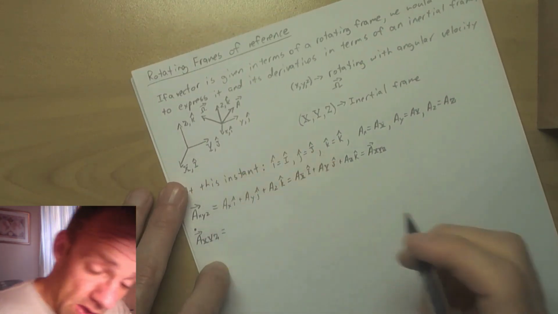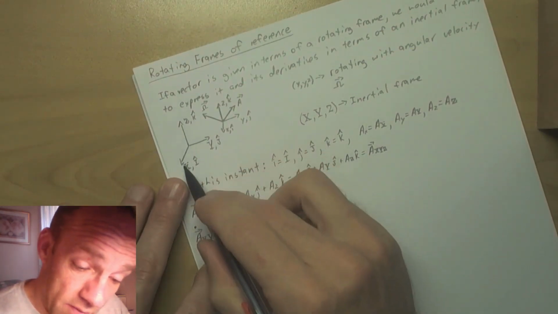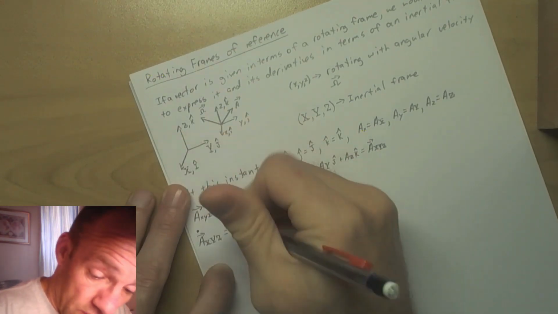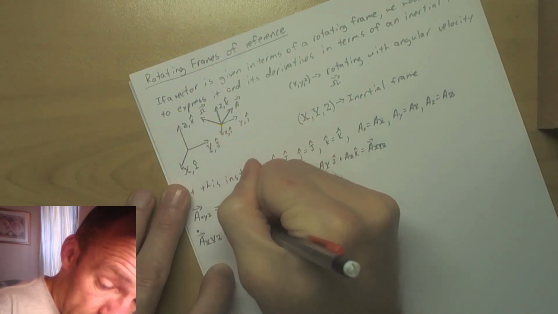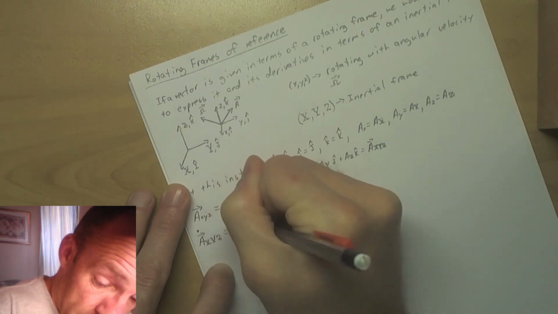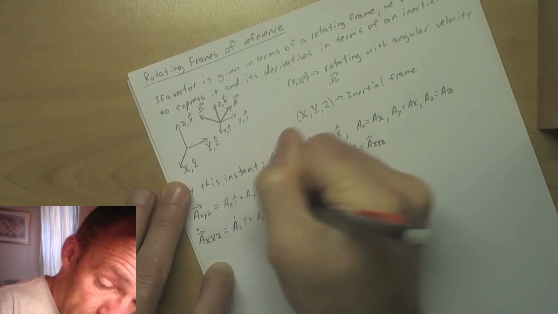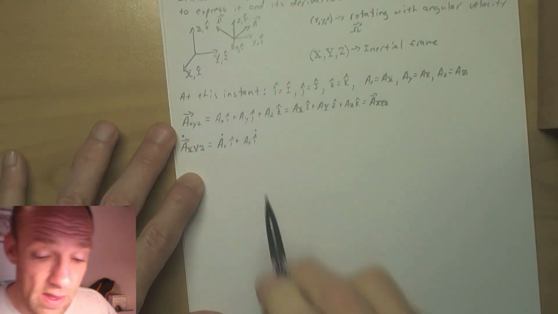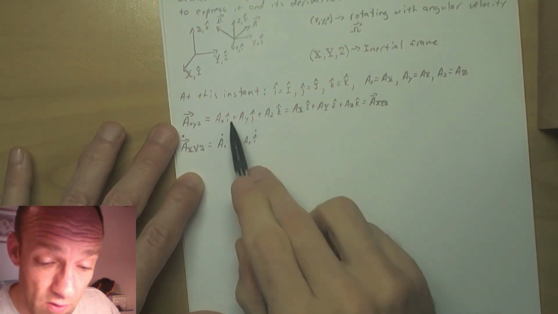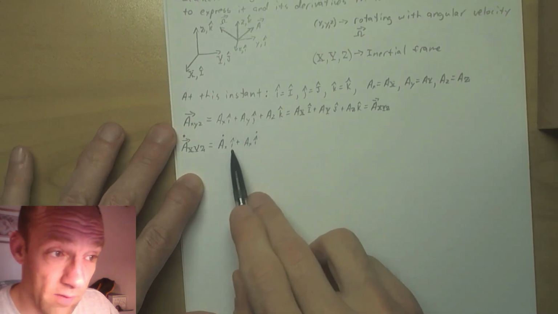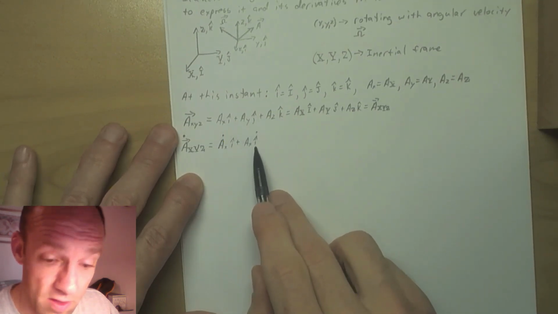So from the point of view of XYZ, the inertial frame, the lowercase i, j, and k vectors are rotating. So this time derivative here is non-zero, right?